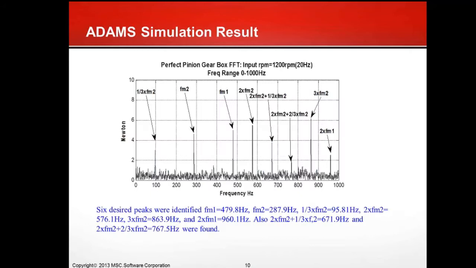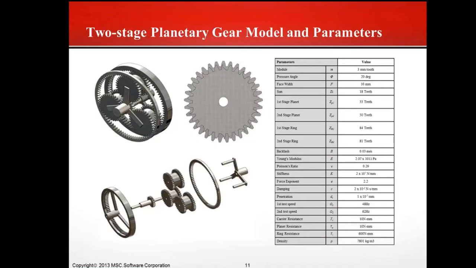Okay, so now let's go to our two-stage planetary gear model and the parameters. So, Adams simulation parameters. In this case, we want to use our parameters to study the two-stage planetary gear. This is our two-stage planetary gear. The right-hand side shows our design parameters and Adams simulation parameters.